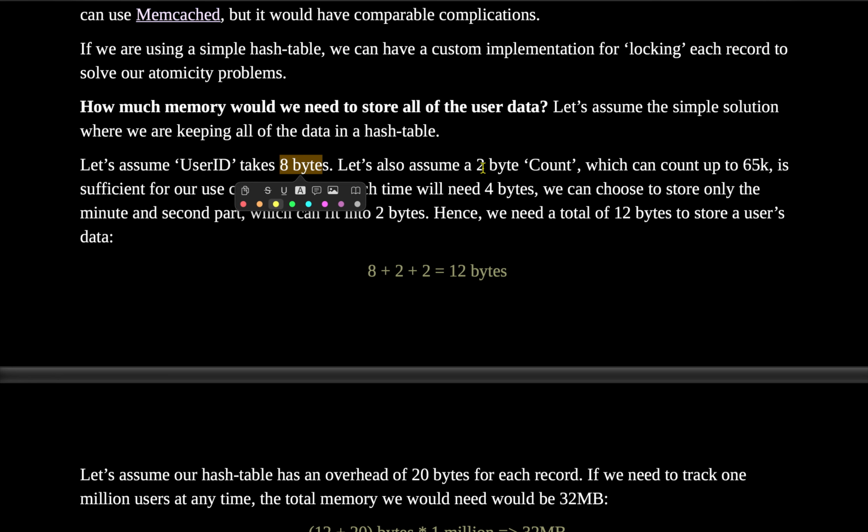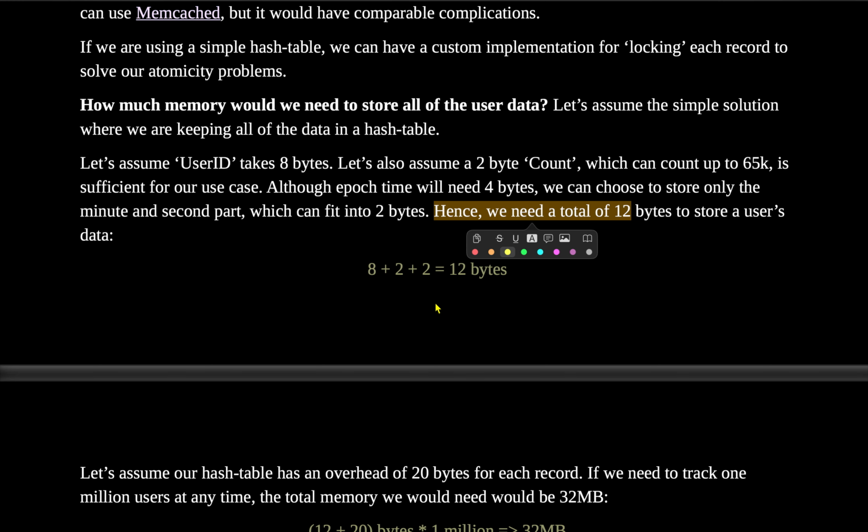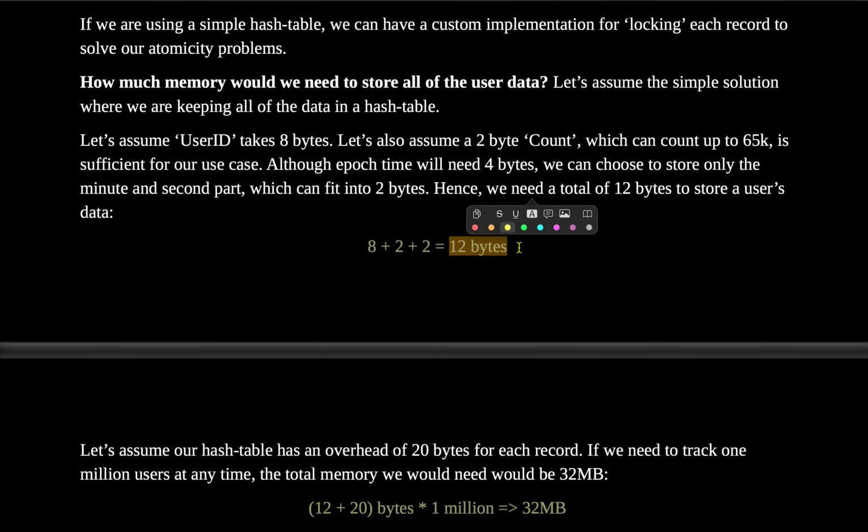Let's also assume 2 bytes for count, which is okayish, and can count up to 65k, which is sufficient for our use case. Although the epoch time will need 4 bytes, we can choose to store only the minute and second part, which can fit into 2 bytes. Hence, we need a total of 12 bytes to store a user's data. So 12 bytes per user.